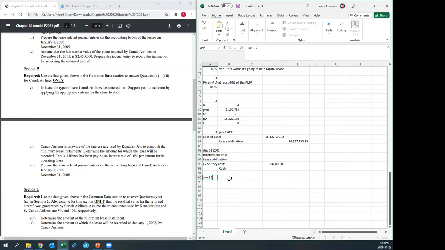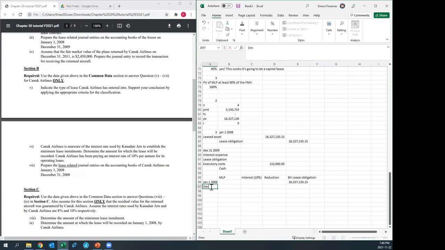So January 1st, 2008, your MLP, interest, now it's 10%, deduction, and your book value of your lease obligation. So your book value here is 16 million.